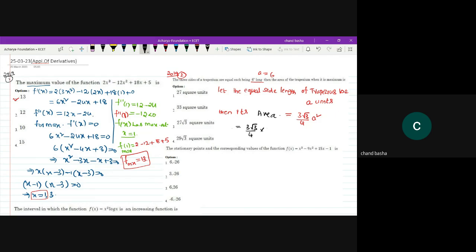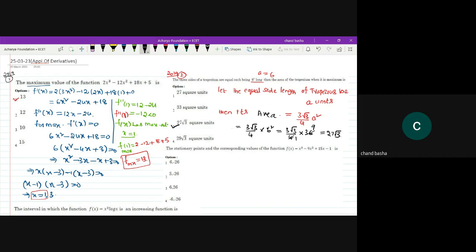A square value is 6 square. 3 root 3 divided by 4 into 36. 4 ones are 4, 9 times. That is 9 into 3, 27 root 3 is the required answer.